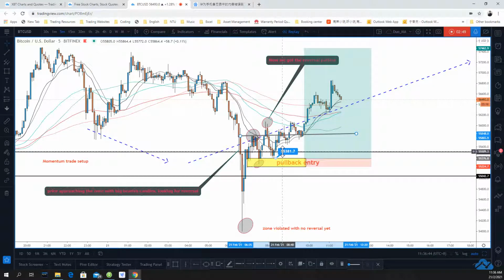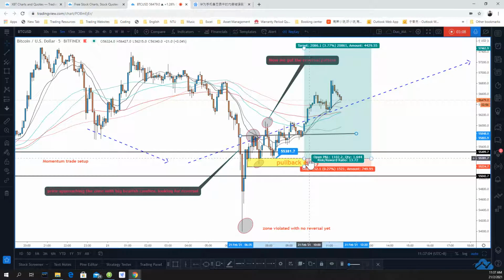Okay. So yes, I know this big bearish candle looks horrifying, but guess what? I don't care. All I need to do is set up the pullback entry here. Because this is a control low zone, this is a very nice entry zone.